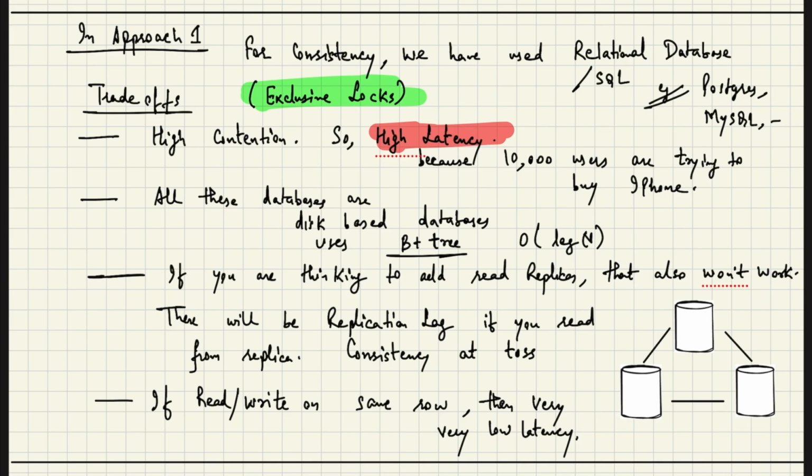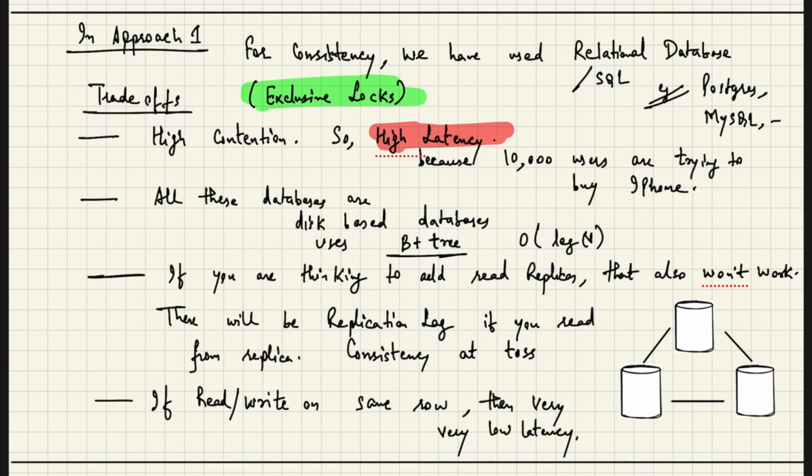So let's discuss the trade-offs for this approach. The first trade-off is very high contention. The problem is still on the same page: one row but high contention, and so eventually high latency, because 10,000 users are trying to buy the same iPhone, right?